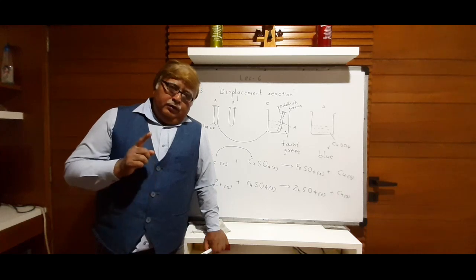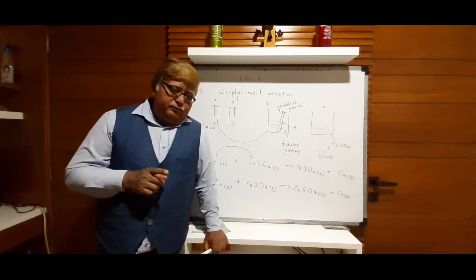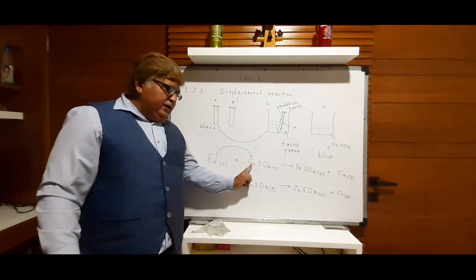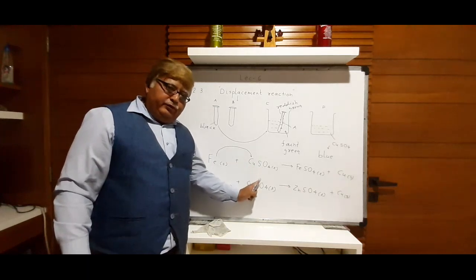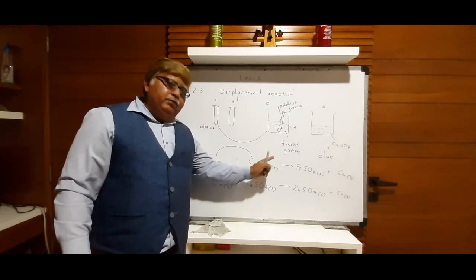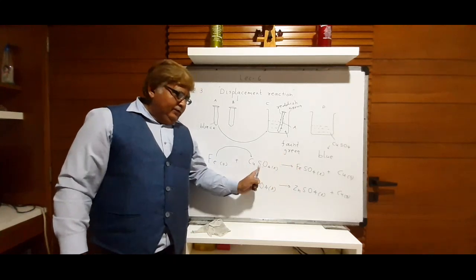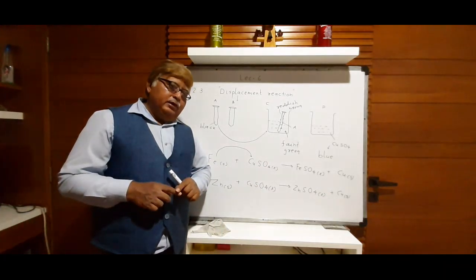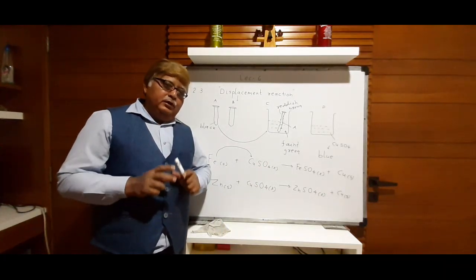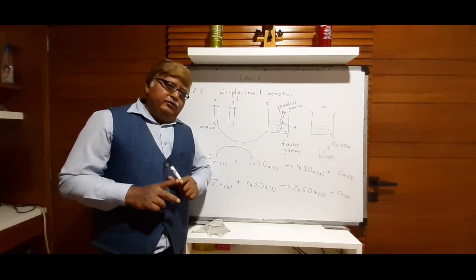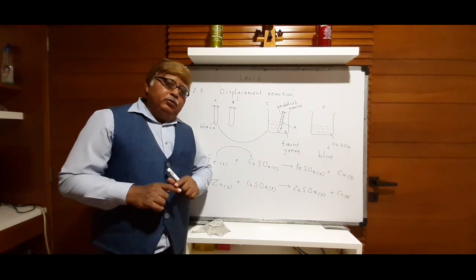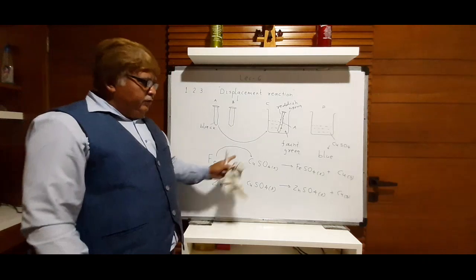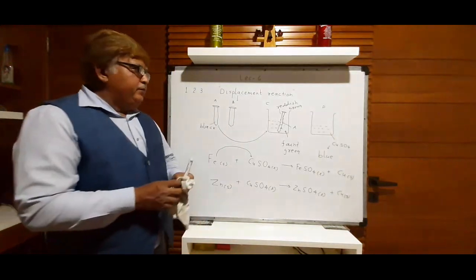When a more reactive metal displaces a less reactive metal from its compound and forms a new compound, then such types of reactions are known as single displacement reaction or mono displacement reaction. Okay, so these two are examples of single displacement reaction.